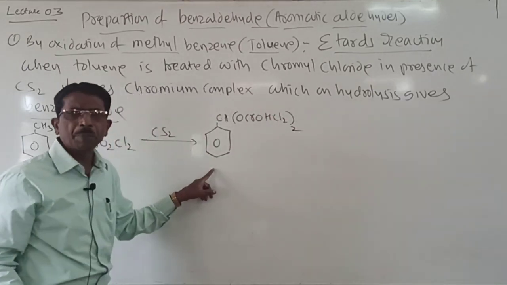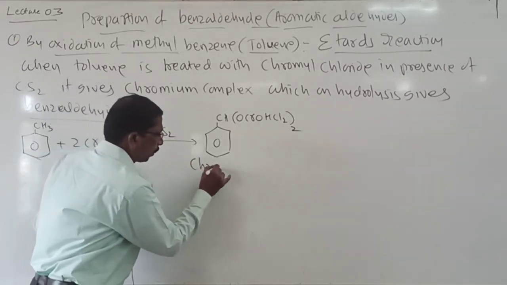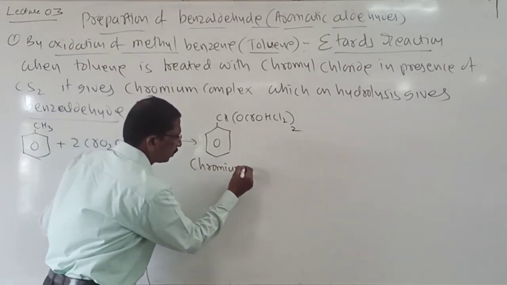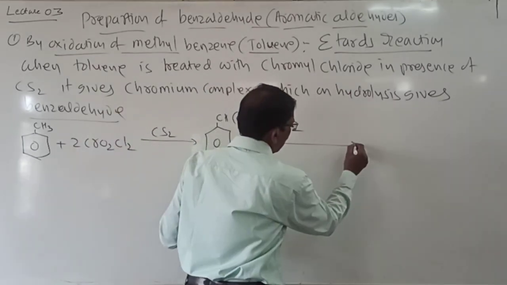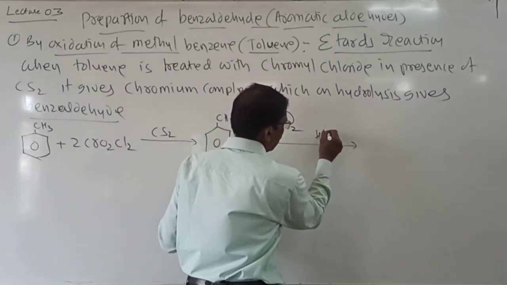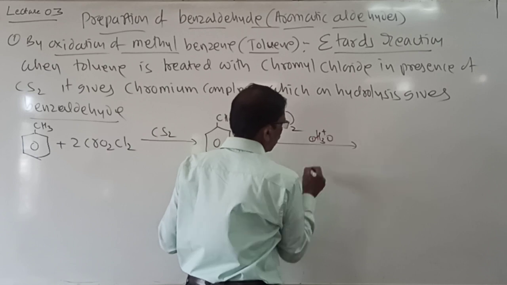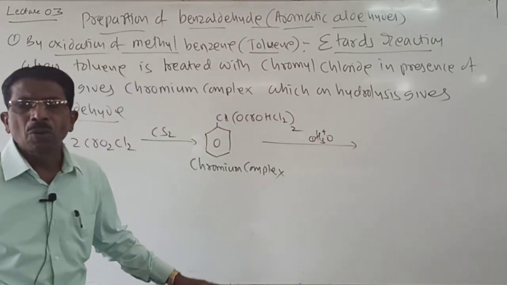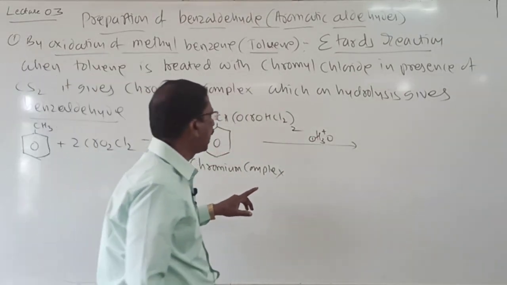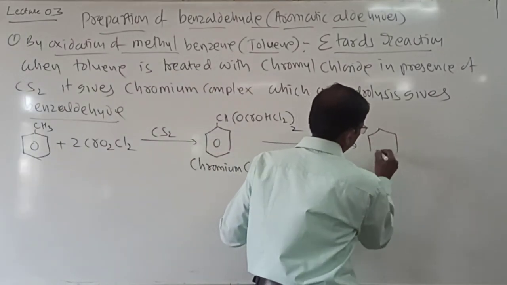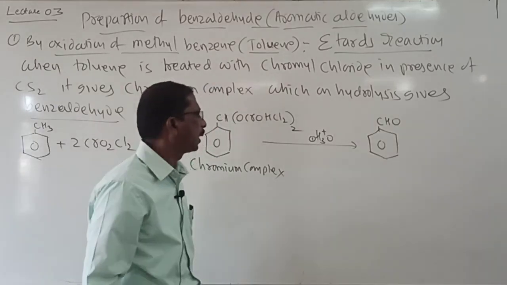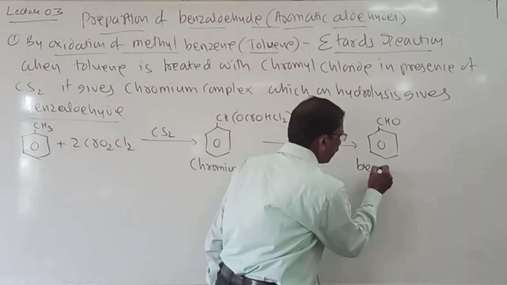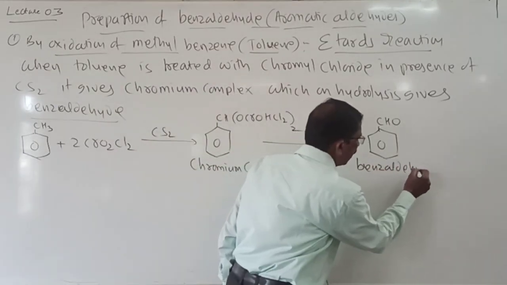It is called a chromium complex, and this chromium complex is unstable. It undergoes hydrolysis. When it is treated with acid, it forms benzaldehyde. So this is an aromatic aldehyde, benzaldehyde.